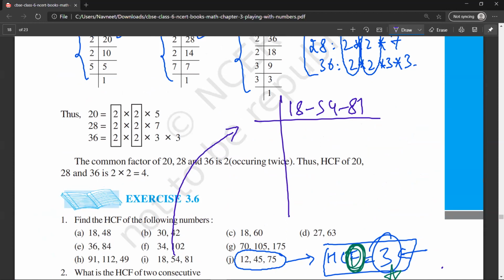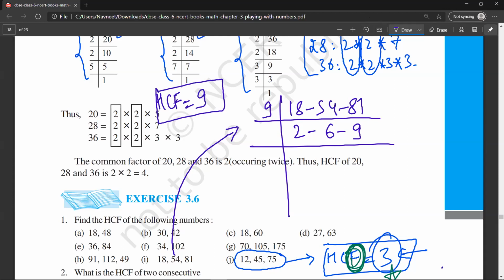Sir, 9. 9, okay. 9 18s are 162, 9 9s are 81. What is the next number I should take? Sir, 3. Is 3 the common factor? No, sir. So what would be my HCF? Sir, 9.